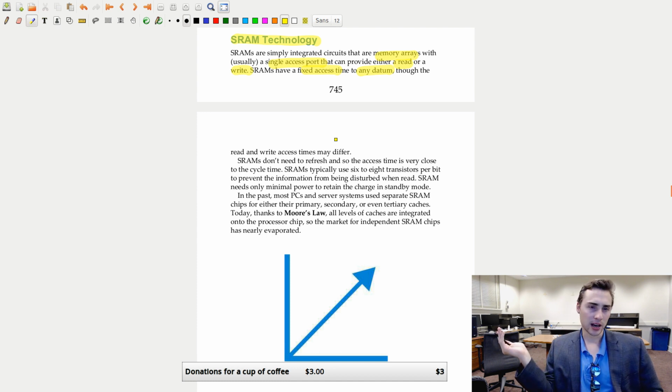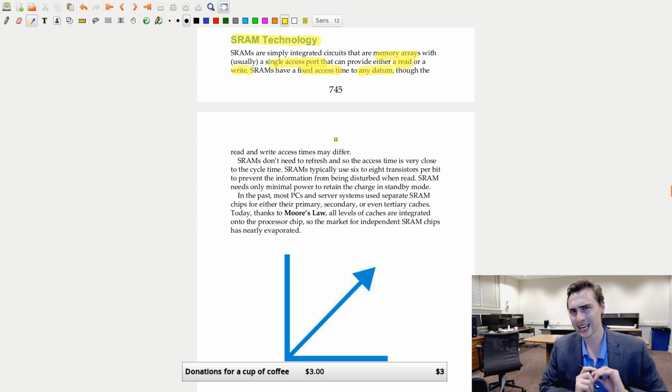We can't make the analogy of something like a door. With a door, it's generally the same effort to open and close it, but with caches it's a little different. Reads and writes can take different amounts of time, and we're not going to go into why that is in this class, but maybe in the integrated circuits one that we're going to do later, we'll get into that.